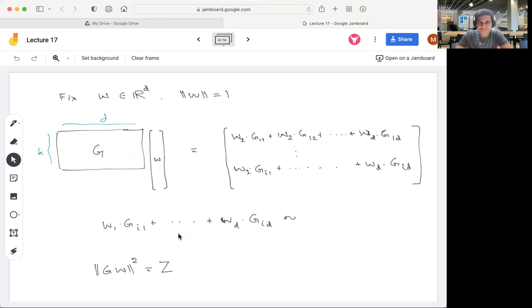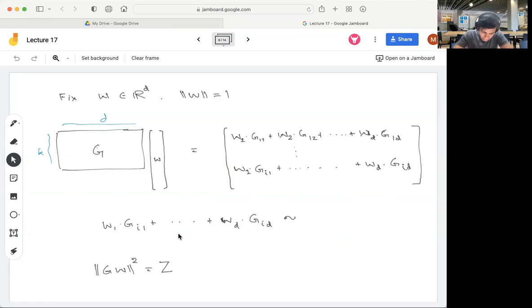Is that okay? So every entry of the vector G times w is a random variable. It's obtained by a linear combination of random variables which appear as entries of G. Because w is fixed, and the entries of w provide the coefficients for this linear combination.